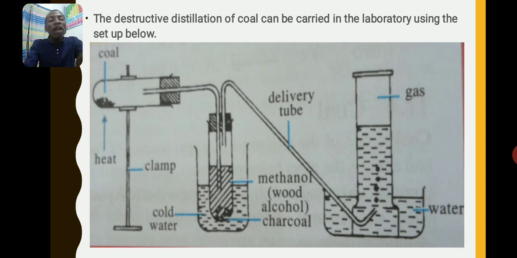So the coke will remain inside this test tube that you see there where coal is, whereas the other products will leave the test tube. The liquid one will stay in the other test tube that is vertical, whereas the coal gas will be obtained as a gas in the gas jar area. So we'll be talking about this later on.